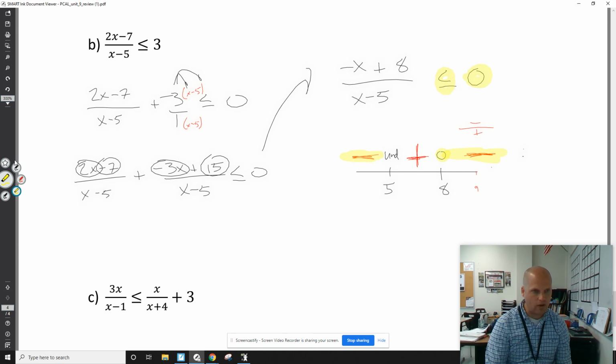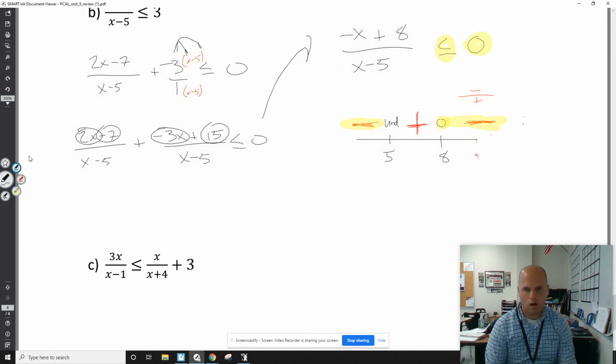We're not including 5. We would include 8. All important stuff. So x belongs to negative infinity to 5, do not include 5, or include 8 to infinity. In inequality notation, x is less than 5 or x is bigger than or equal to 8.